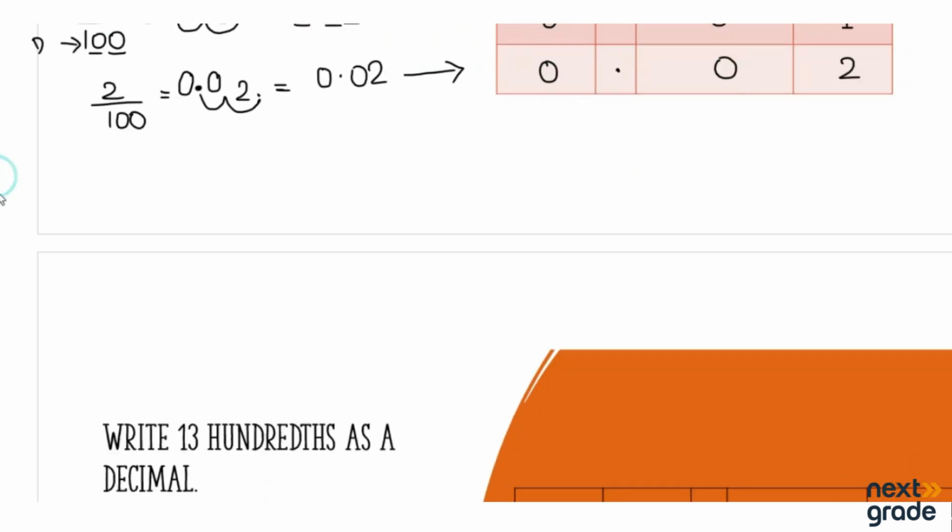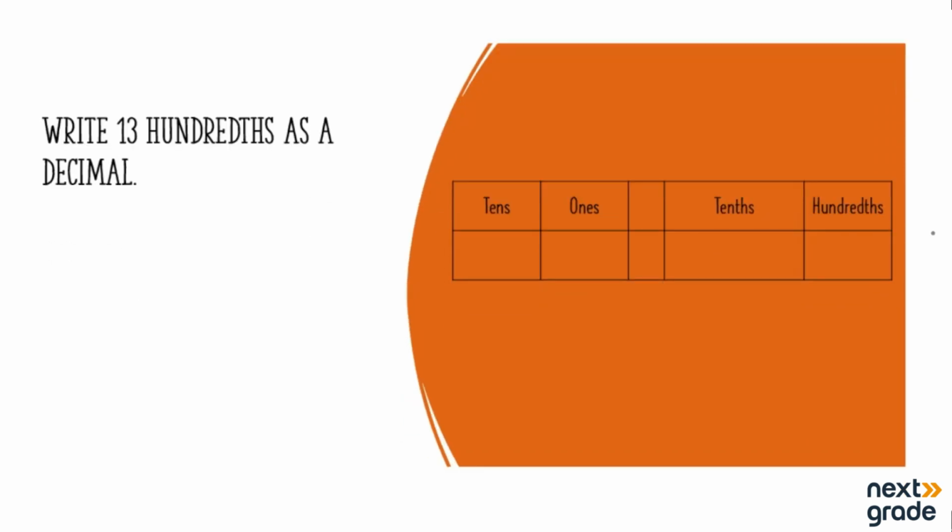Let's move on to the next slide and discuss 2-digit numbers, that is write 13 hundredths as decimal. So we have 13 over 100. Remember the decimal point is on the right side of the whole number. तो इसको हम कैसे लिखेंगे? 13. The decimal is over here.